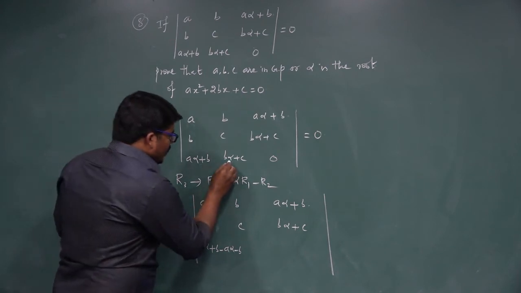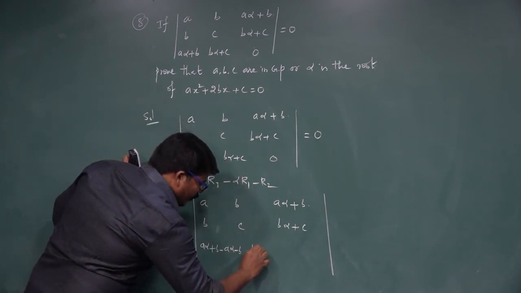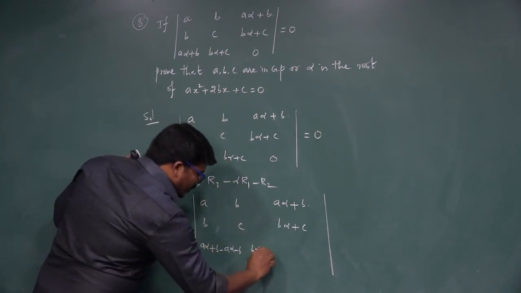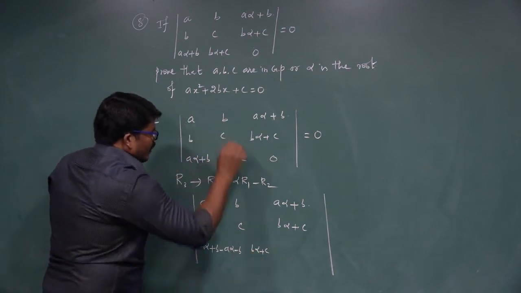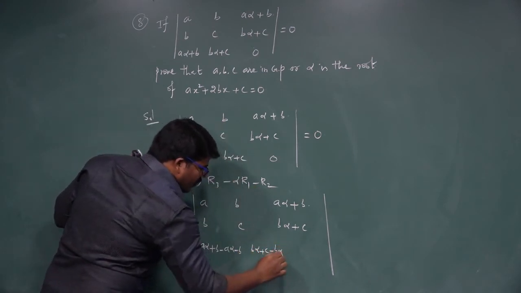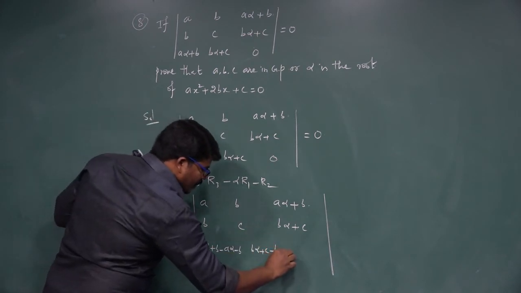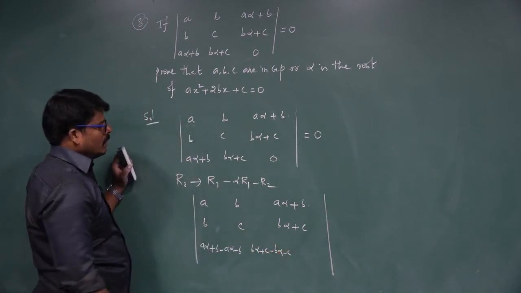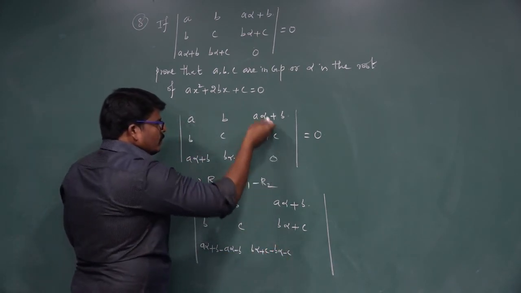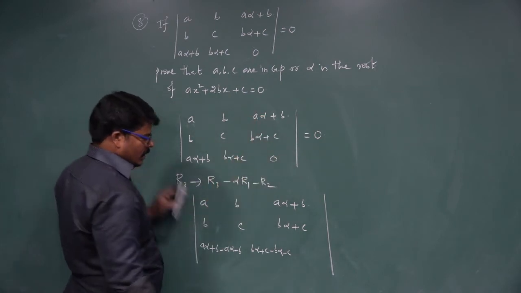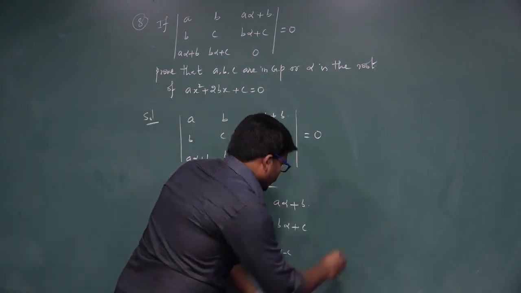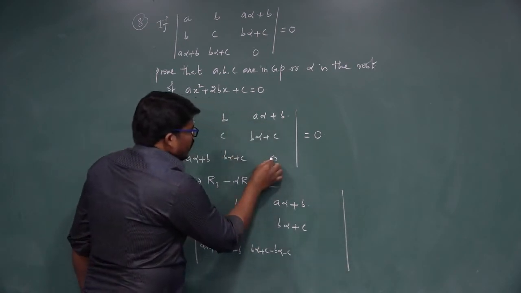And the second element: B alpha plus C minus B alpha minus C. And the third one, 0 minus is equal to 0.